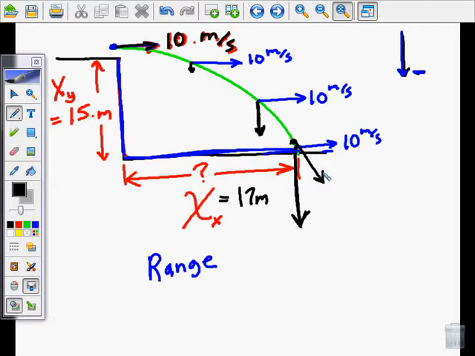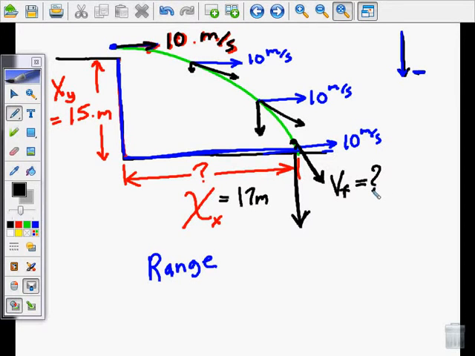Right here its velocity is in this direction. Right here its velocity is in that direction. So another follow-up question is, what is that final velocity?